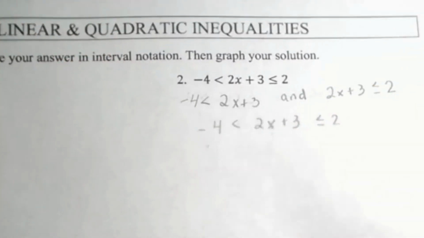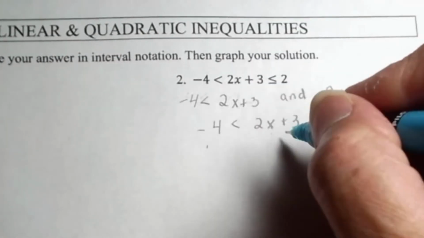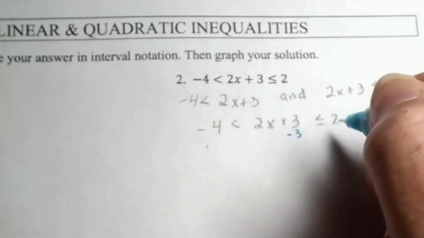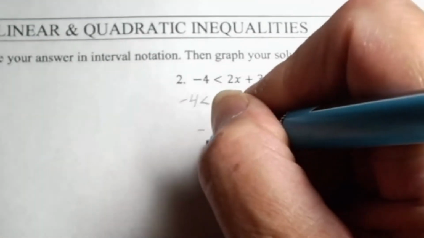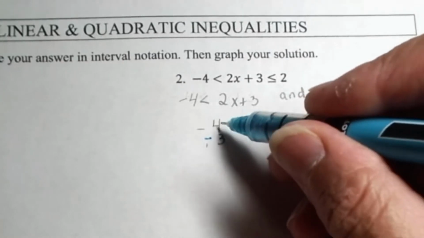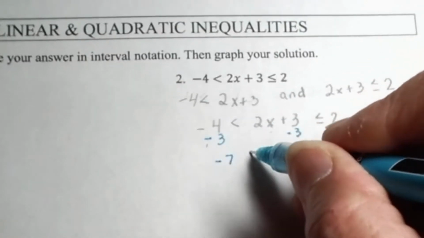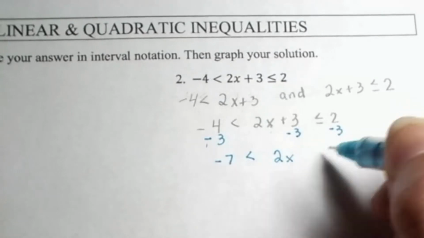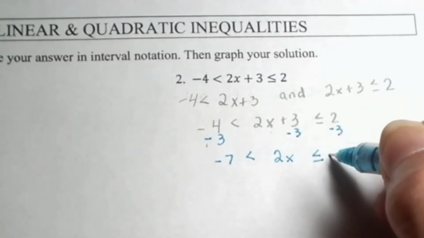And I know you know that means we're going to subtract 3. But this time we're going to subtract 3 from all 3 parts of the inequality, like that. So here we then get -7 is less than 2x, which is less than or equal to -1.